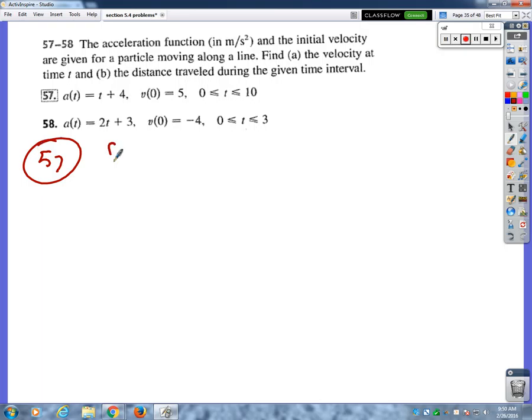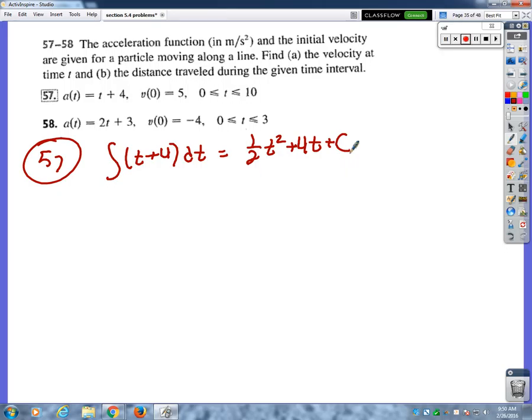So I need to do the integral of t plus 4 dt. So what'd you say? Okay, 1/2 t squared plus 4t plus c. Yep.